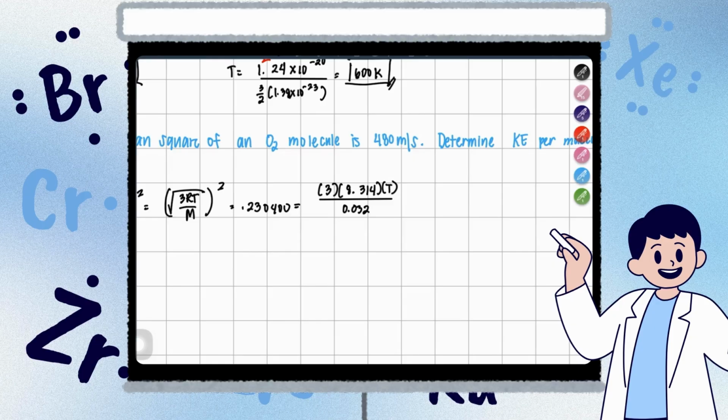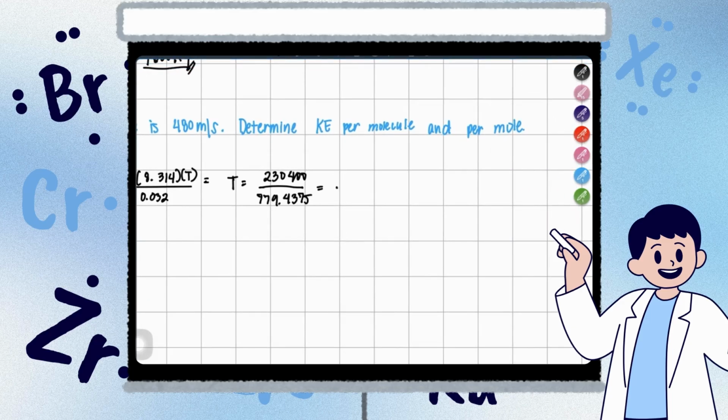So when we derive this, we will get T equals 230,400 all over 779.4375, which is this all simplified.